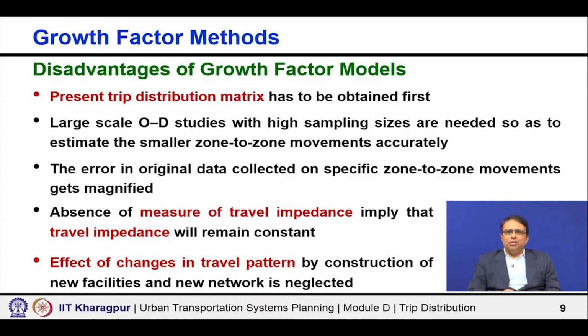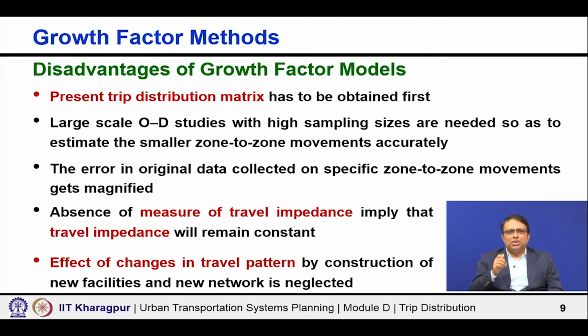Absence of a measure of travel impedance implies that travel impedance will remain constant. This is a very fundamental assumption. We know that trip distribution depends on and is highly influenced by the characteristics of the transportation system.